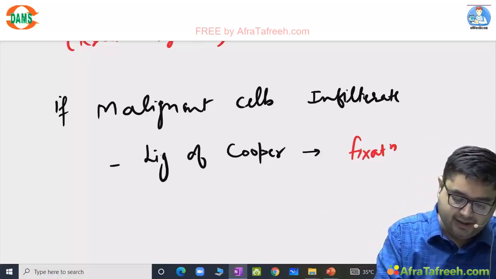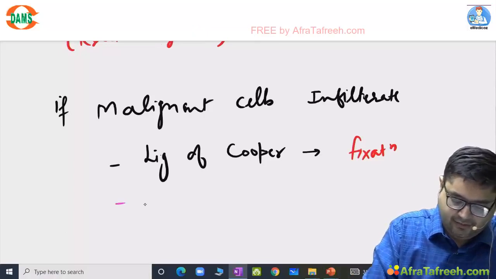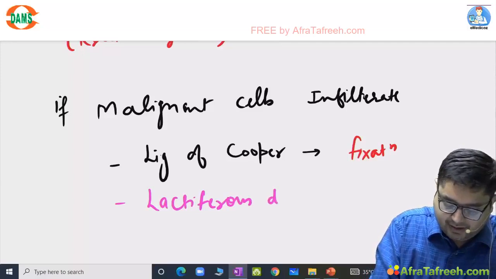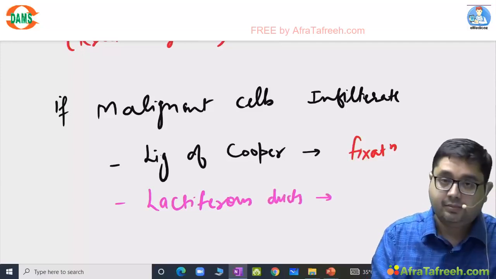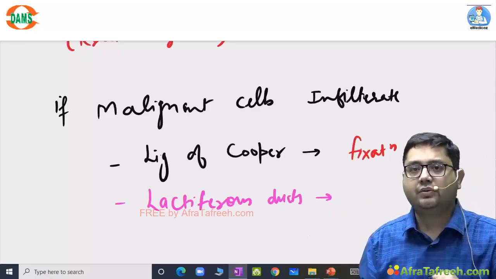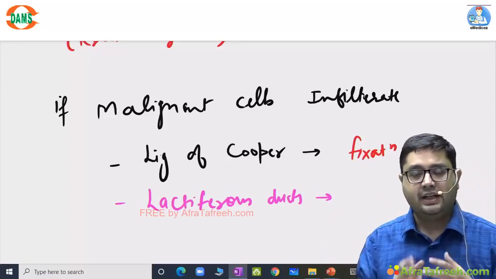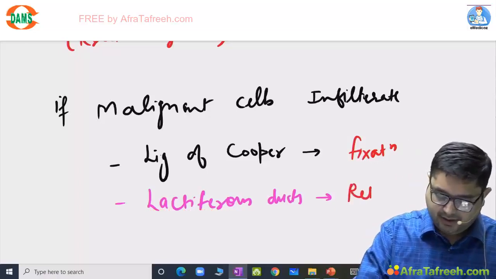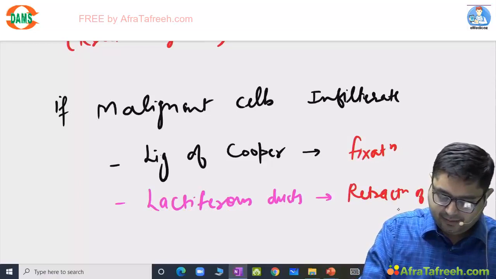And if the malignant cells infiltrate the lactiferous ducts, now we know the lactiferous ducts open beneath the nipple and areola. So if the lactiferous ducts are shortened because of infiltration by the malignant cells, it will lead to what? Retraction of the nipple.